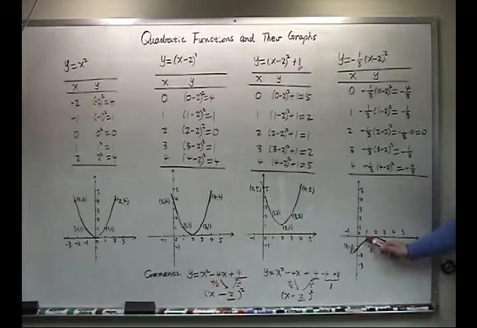Okay, so 1, 2, 3, 4 for x. Value y is negative 4/3. That's negative 1 and a negative 1/3. Negative 1 is here, and then add another 1/3, so it's roughly here, the 5th point. So we have 1, 2, 3, 4, 5 points.